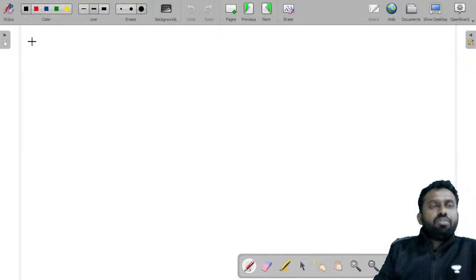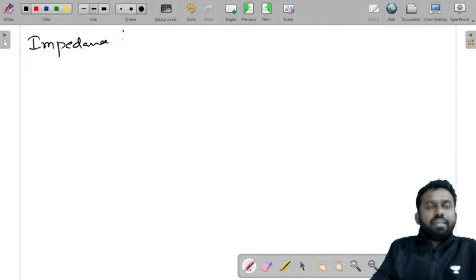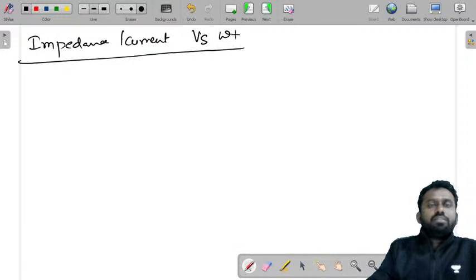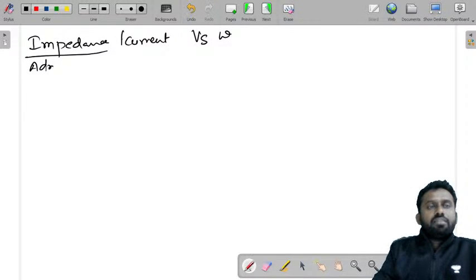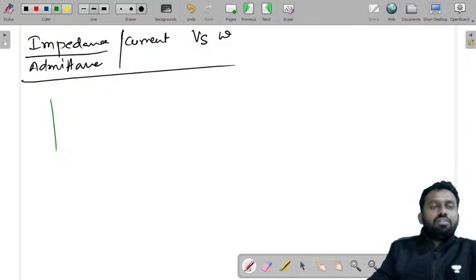Similarly, if you try to plot impedance, admittance, and current versus frequency, if you just take this down, you can simply mark it like this.